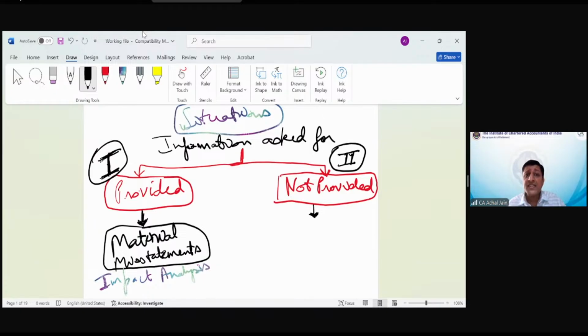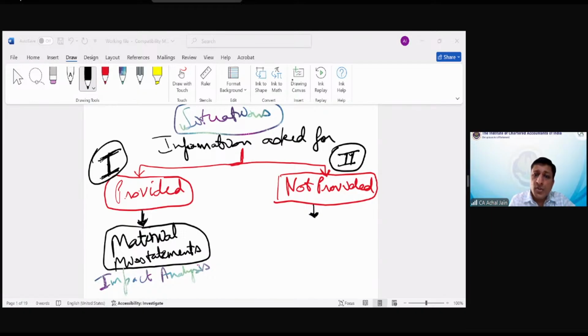But in this case, please remember that we are using the term there is a possibility. Can the auditor say with 100% accuracy that such type of error will be there? No. He will always be looking at the possible impact.